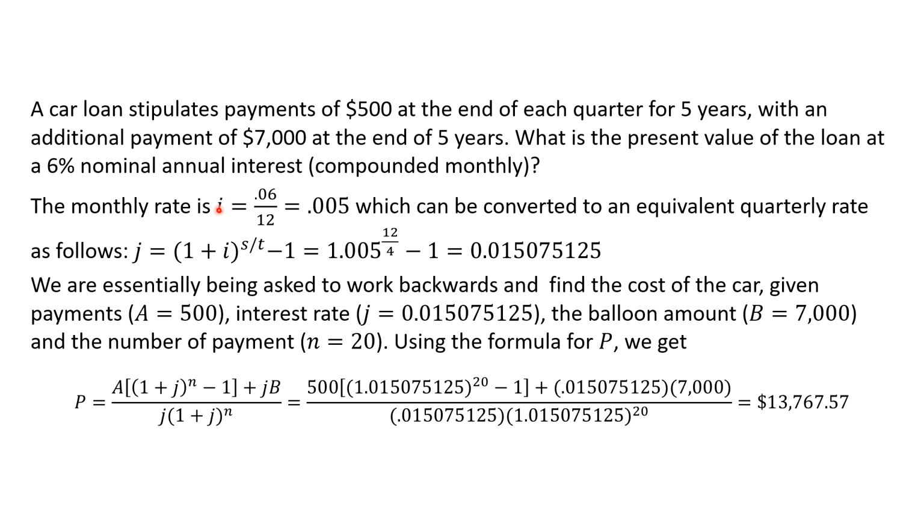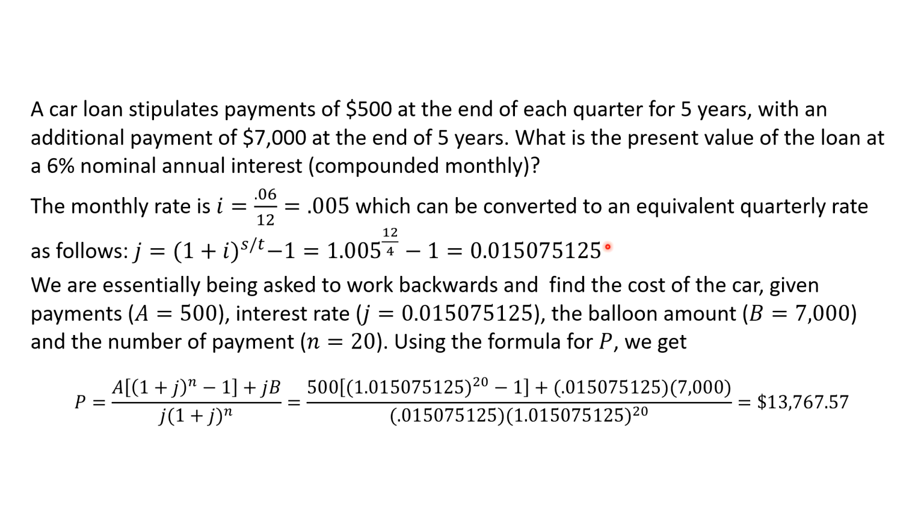So the monthly interest rate is 0.06 divided by 12, or 0.005. And we want to convert that into an equivalent quarterly rate, and we had the formula for that from before. It's given by this here. So we just plug in our numbers, and we get the equivalent quarterly rate, 0.015075125.